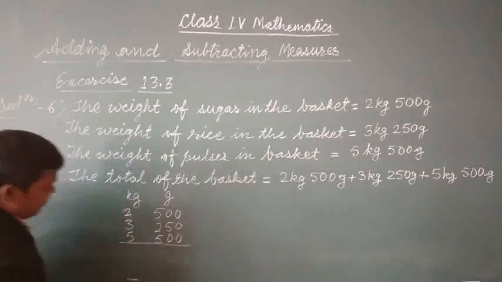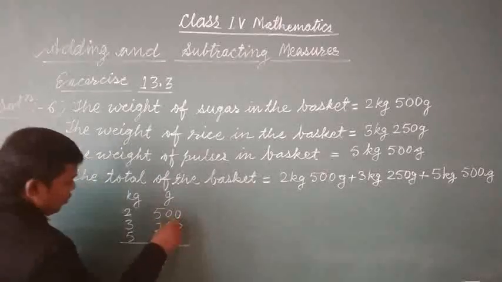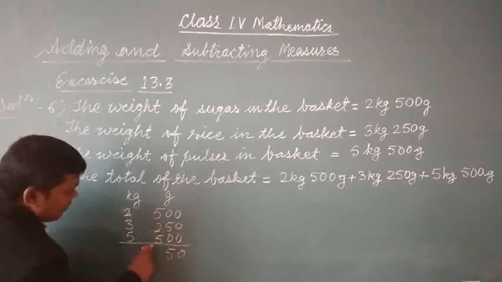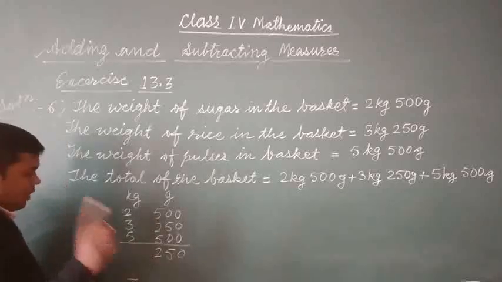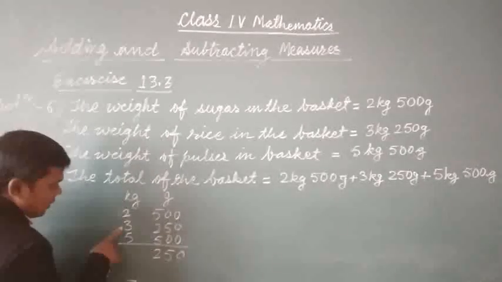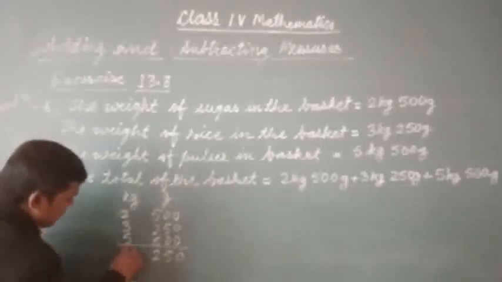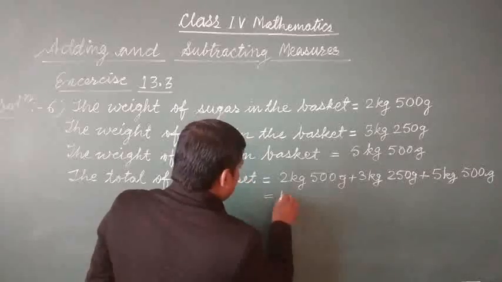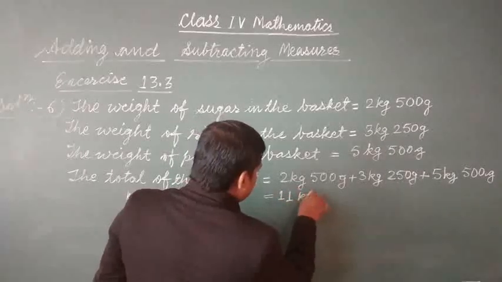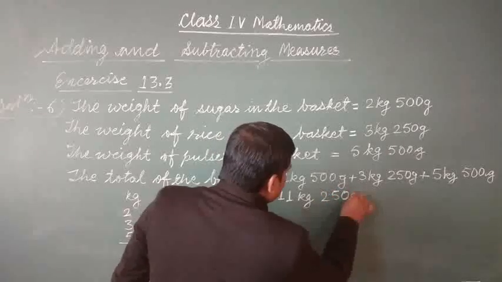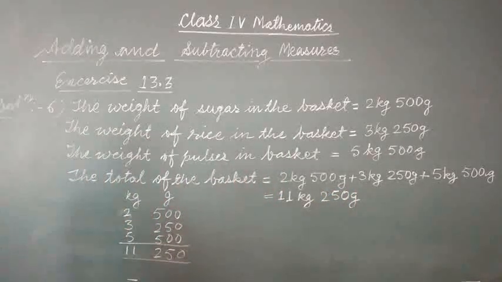Now it will become 0, 5, 5 plus 2, 7 plus 5, 12, carry 1, 1 plus 3, 1 plus 2, 3 plus 3, 6 plus 5, 11. It will be 11 kg 250 gram.